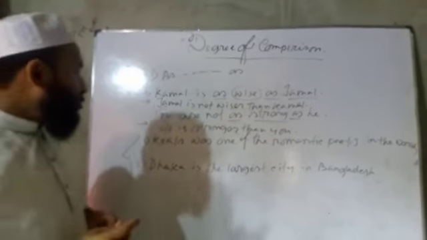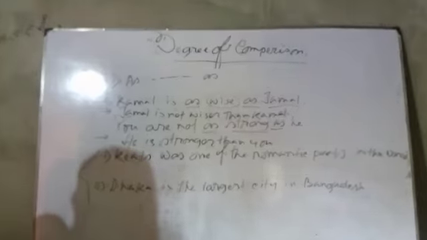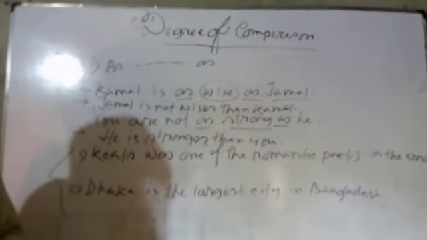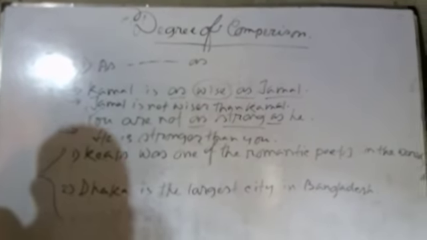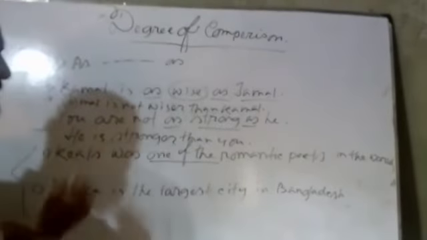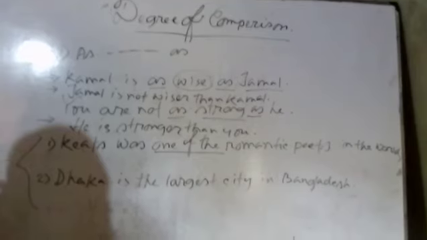Keats was one of the romantic poets in the world. You may have heard the name of Keats. John Keats is a famous poet in the world of English literature, called a sensuous poet. We know that "one of the" is in superlative form, and it is in the rule of very few, because in case of very few, the superlative would be "one of the".